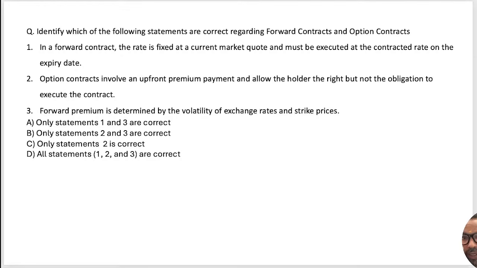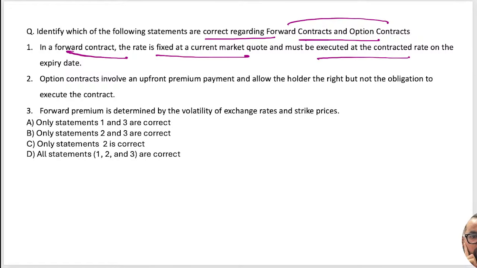So next question, guys. Which of the following statements are correct regarding the forward contract and option contract? Forward contract: a rate fixed at the current market price quote and must be executed at the contracted rate on the expiry date.